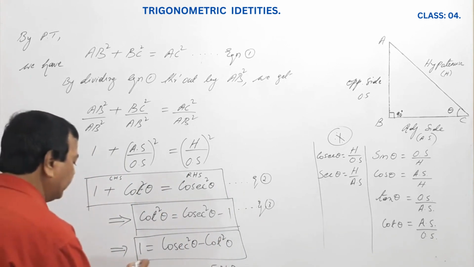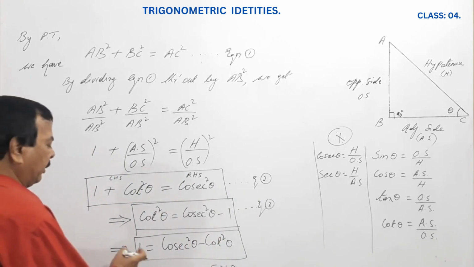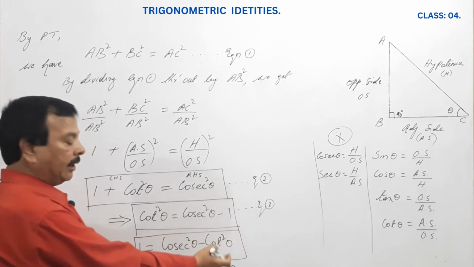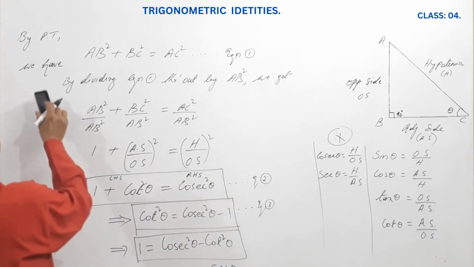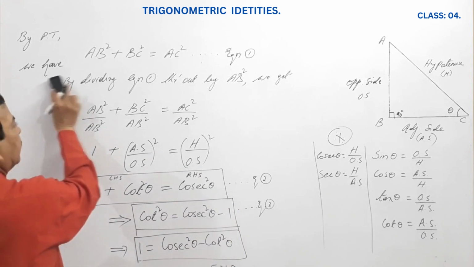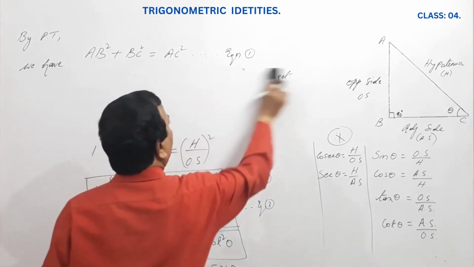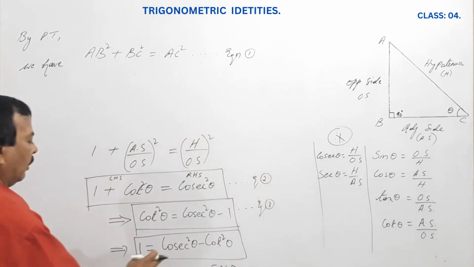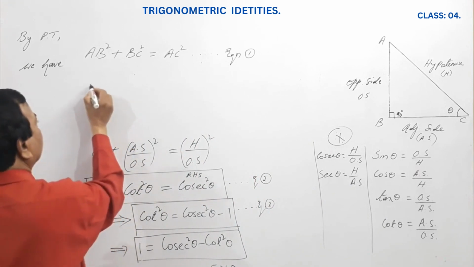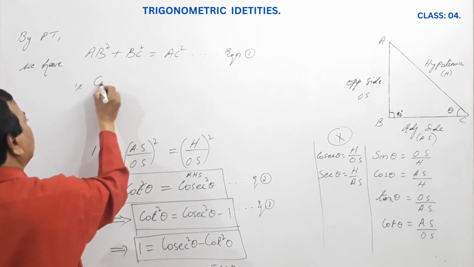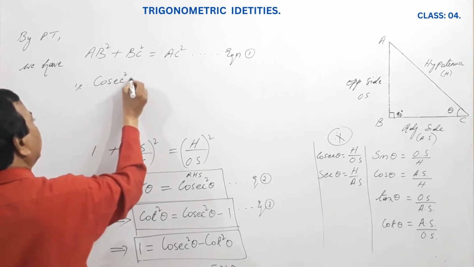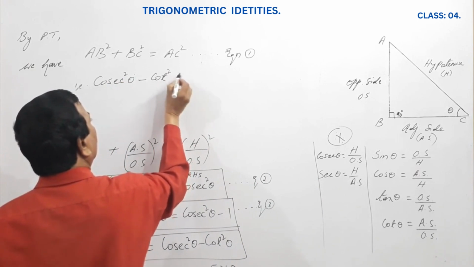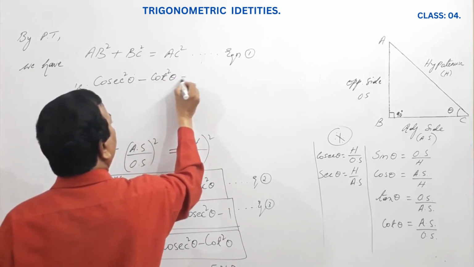So what I will do is, I rewrite this. Instead of keeping the 1 on the left hand side, I will transfer left hand side to right hand side and right hand side to the left hand side. So I will rub this, and rewrite this, that is cosecant square theta minus cot square theta equals to 1.